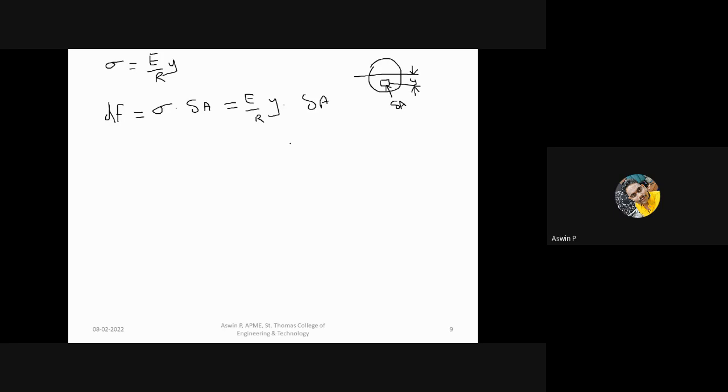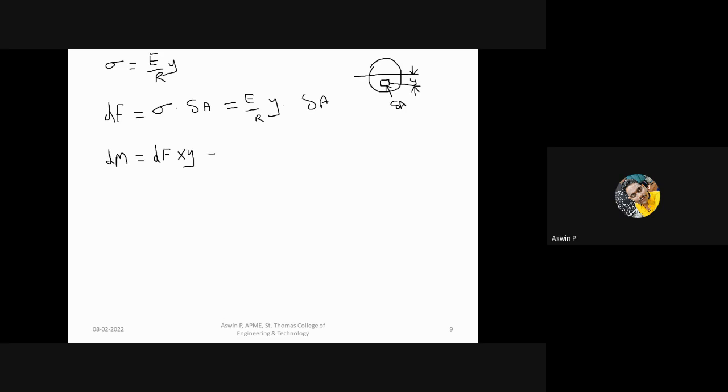And you can find the moment of the resisting force about the neutral axis. If you are finding the moment dM, and you know the force, we have a relation: dF into the perpendicular distance, that will be y. dF into y.